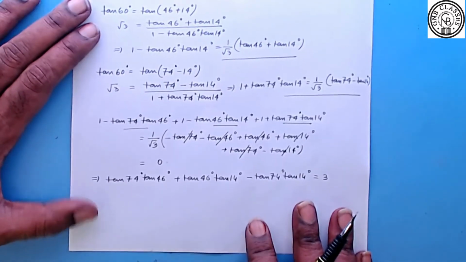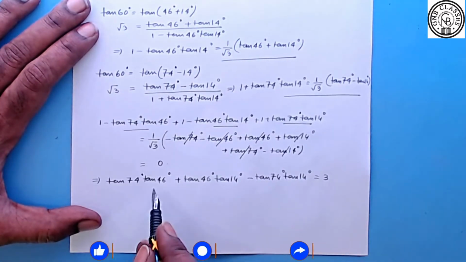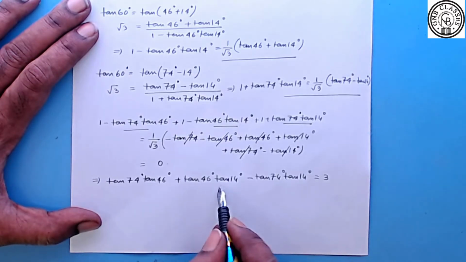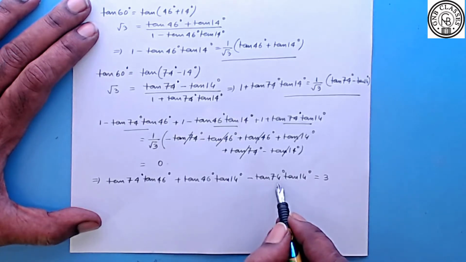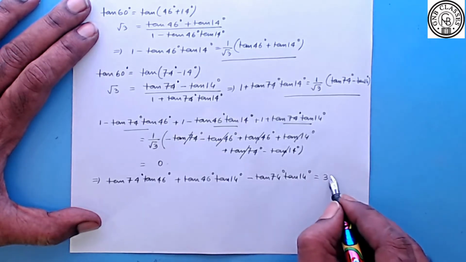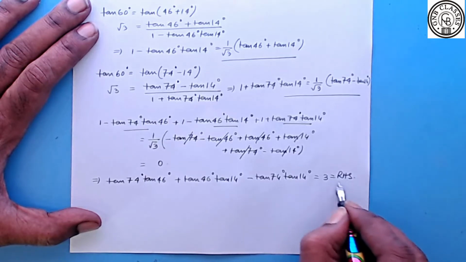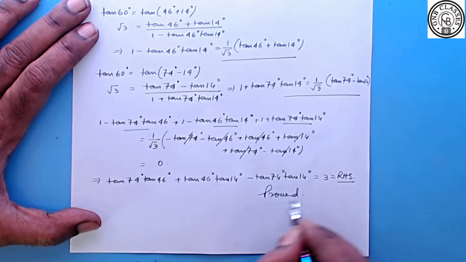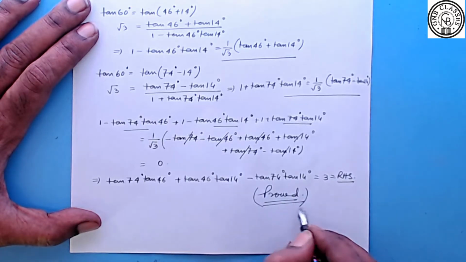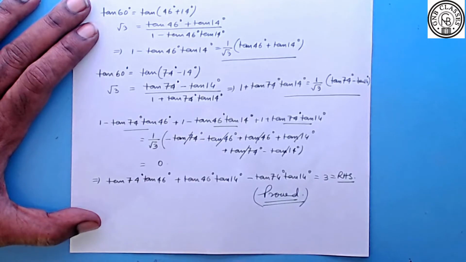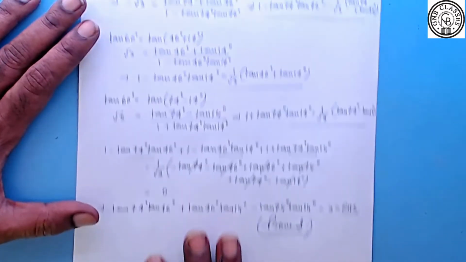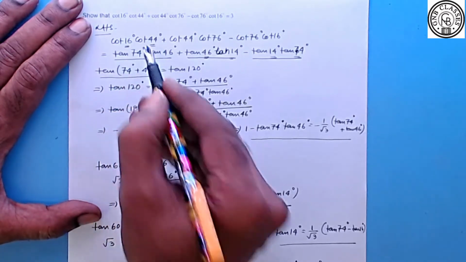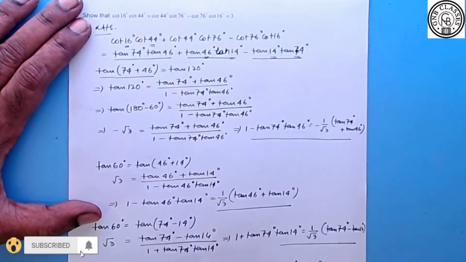So exactly that we have proved. Is it clear to all of you? So proved. Okay, you have to understand in this sum, just by looking at the angles, what relationship exists between these angles. If you can understand that, it's very easy to solve this problem. Is it okay?